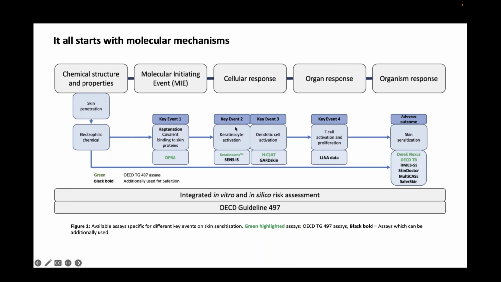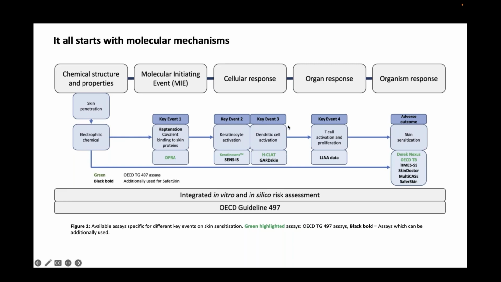Keratinocytes are the most frequent cell type in skin tissue, and the activation you measure by gene overexpression measurements. There are specific genes which are known to be overexpressed during skin sensitization, and you can use the KeratinoSens assay again to measure those gene overexpressions for the second key event.